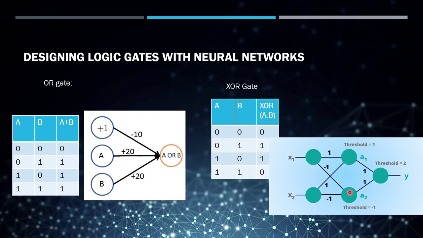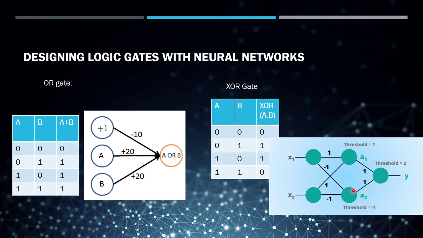Let's say we take A and B to be 0. Both of these are 0, and the output of this is 0, 0, and the threshold is 1, and the input is 0, so it belongs to the low class and therefore the output will be 0. And here the output will be 1 because the threshold is minus 1 and the input is 0.